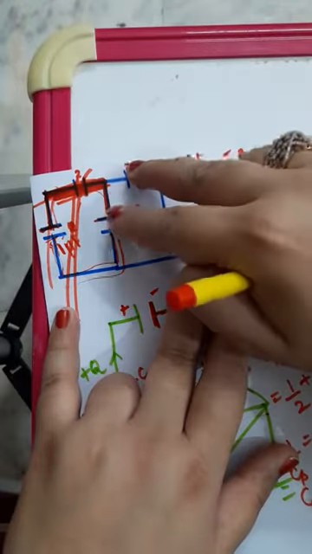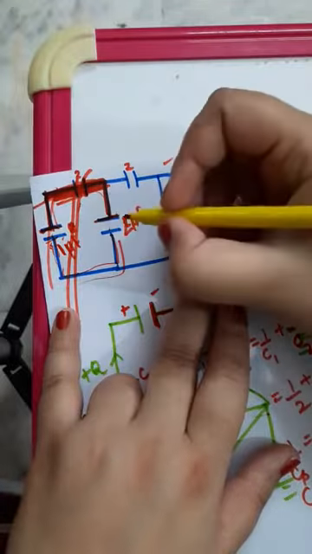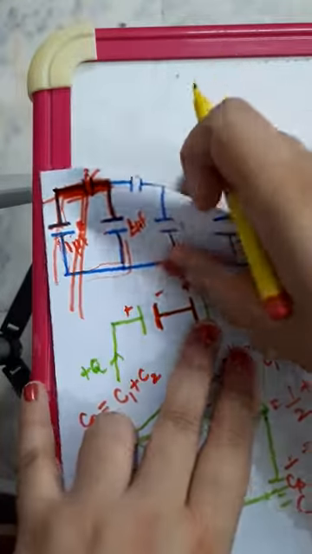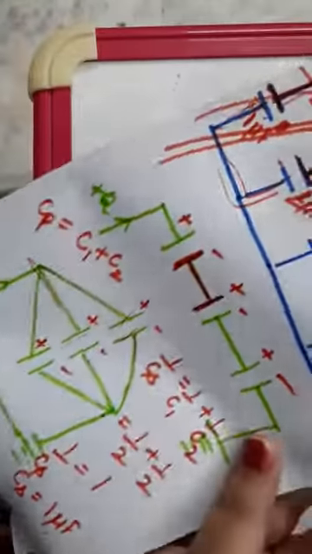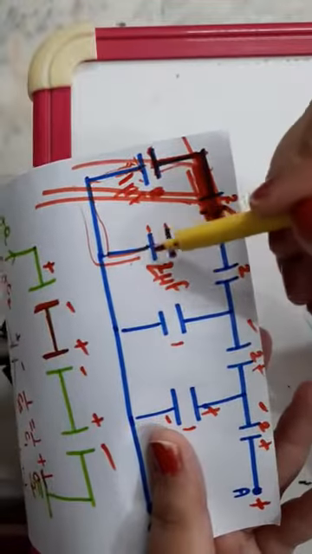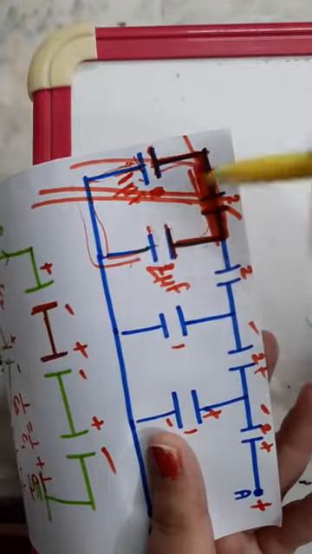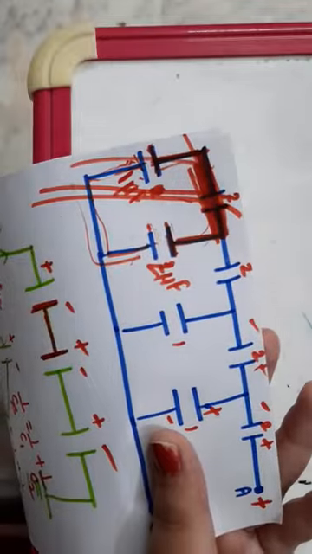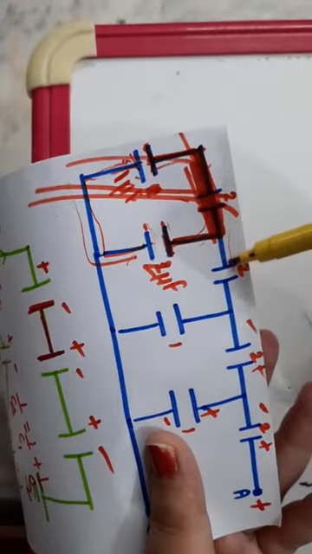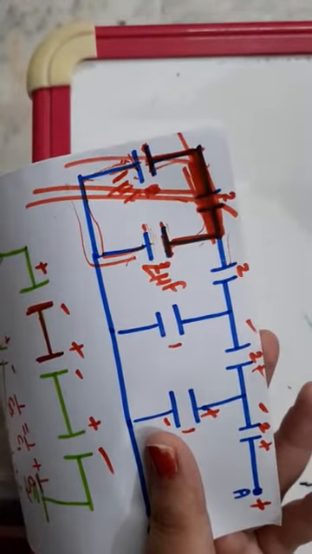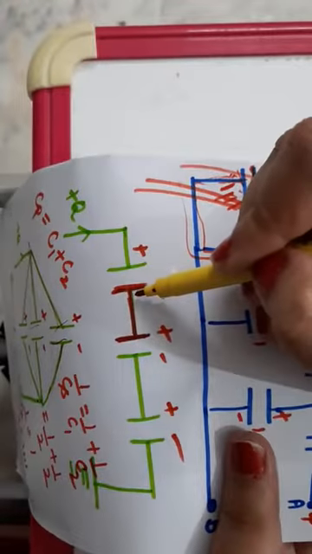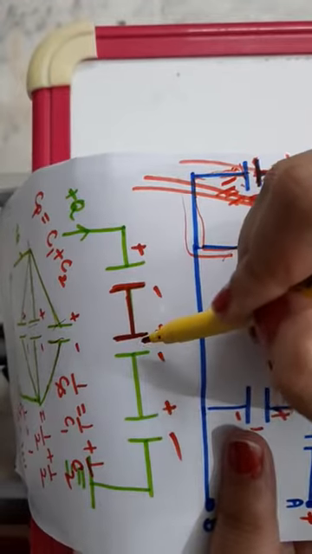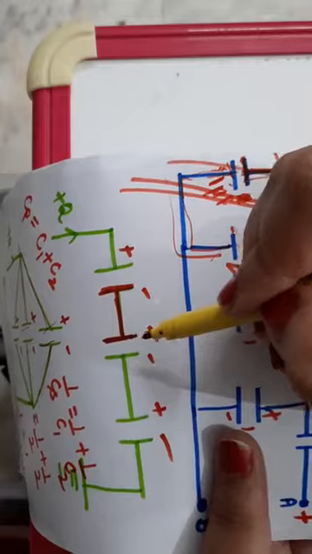Again the same thing. Now these two are connected in series because the right plate of this 2 microfarad capacitor is connected to the left plate of the other capacitor. Right plate of the first capacitor is connected to the left plate of the second capacitor.